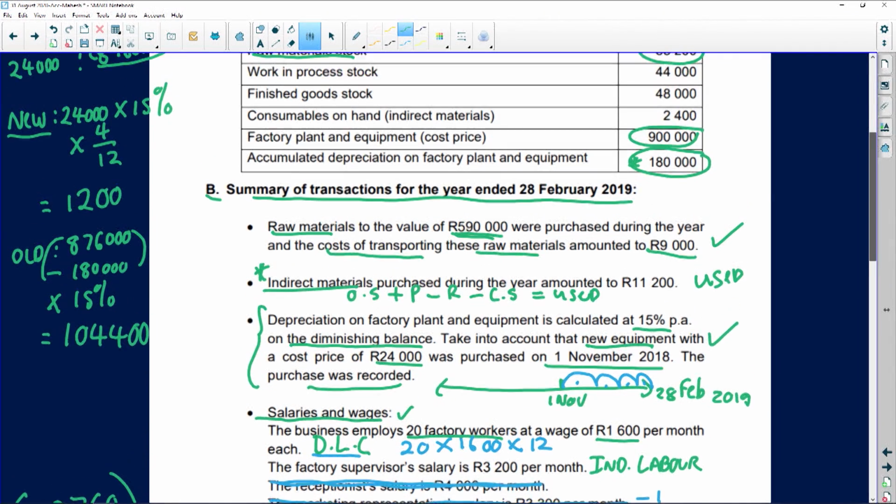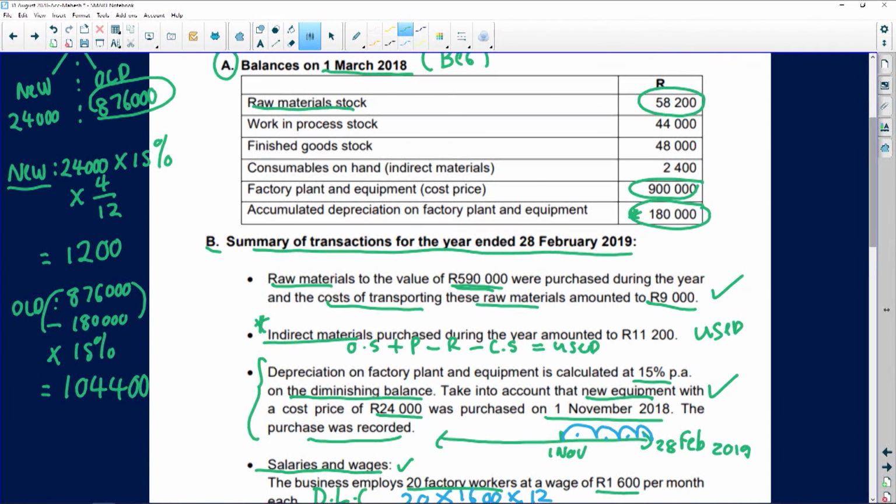So let's start off with opening stock. If we go to the beginning of the info, consumables on hand, indirect materials, an amount of 2,400. So my opening stock is 2,400, plus purchases. Indirect material purchased during the year amounted to 11,200. I'm simply going to add the 11,200. There's my second mark. Are there any returns? There isn't any.